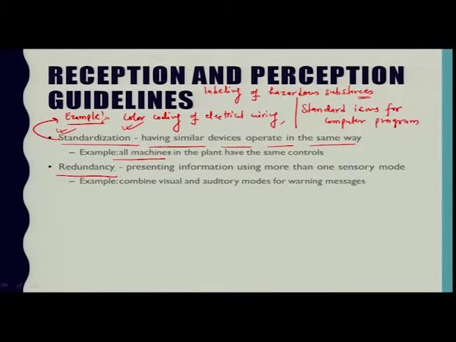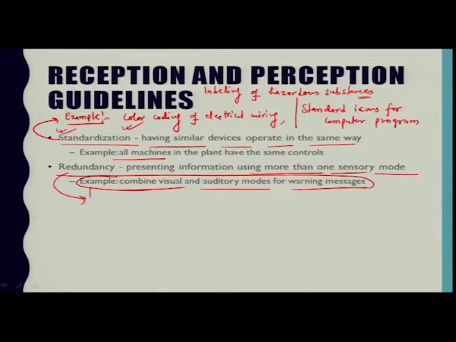The second is redundancy. In redundancy, it is sometimes important to present information using more than one sensory mode. The combination of visual and auditory modes for warning messages is a very good example. Another example is police and fire department vehicles.